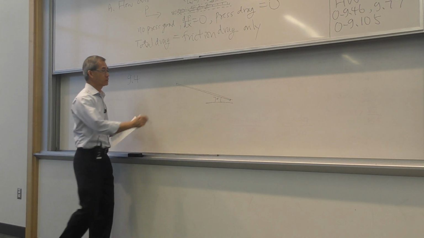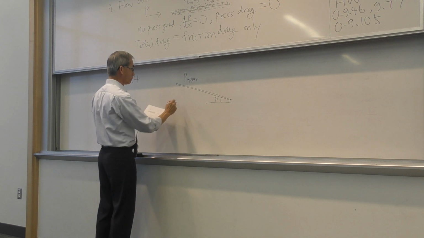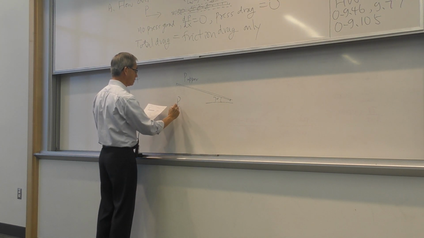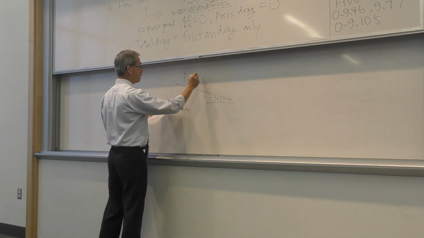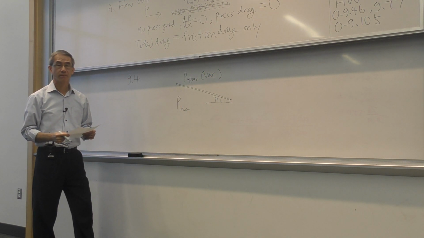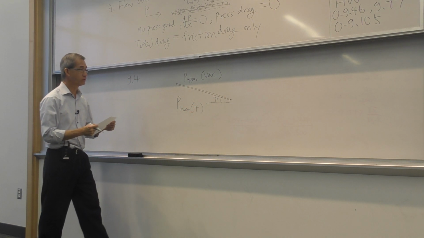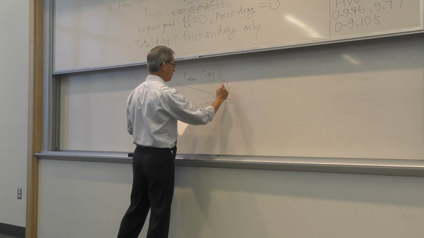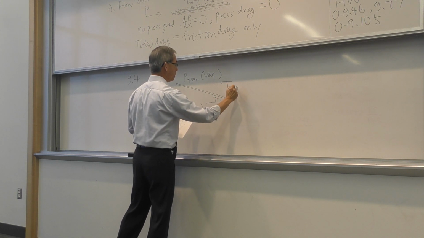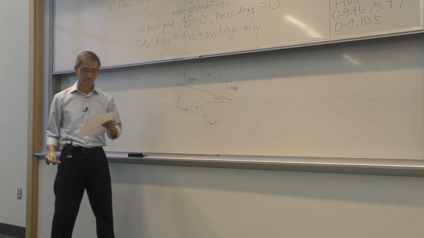And you are given the pressure on the upper side and the pressure on the lower side. This happened to be negative, which is a vacuum, and this is positive. In addition to that, you are also given a shear on the upper side and the shear on the lower side, and that's given in the problem statement.